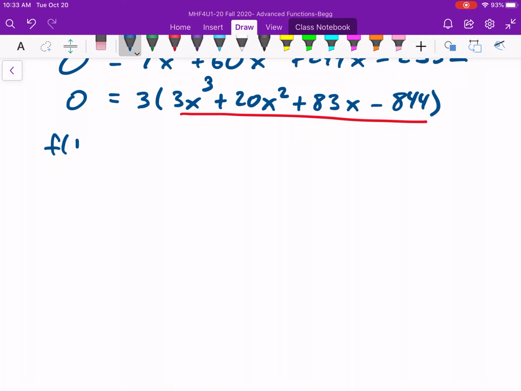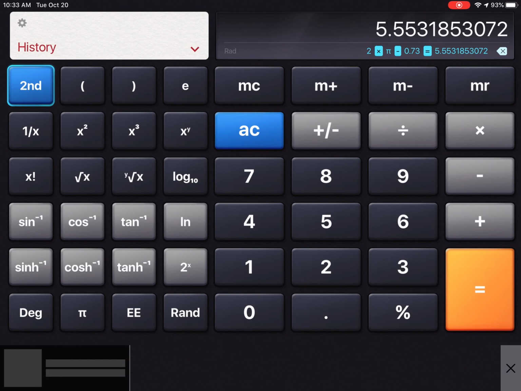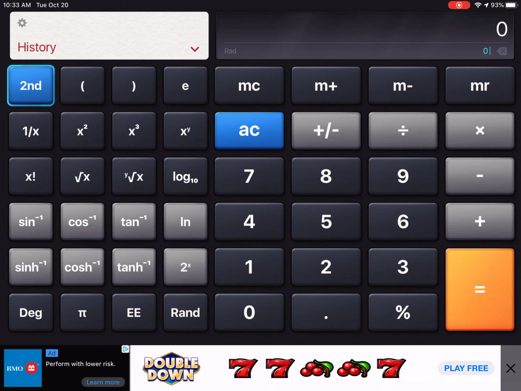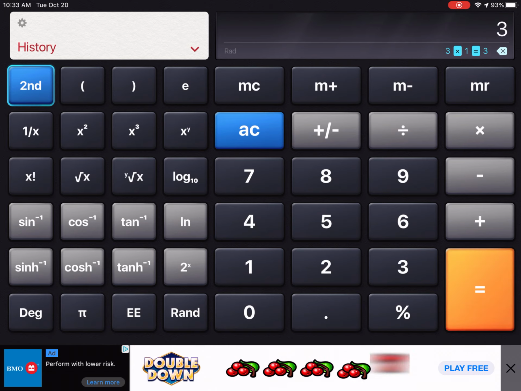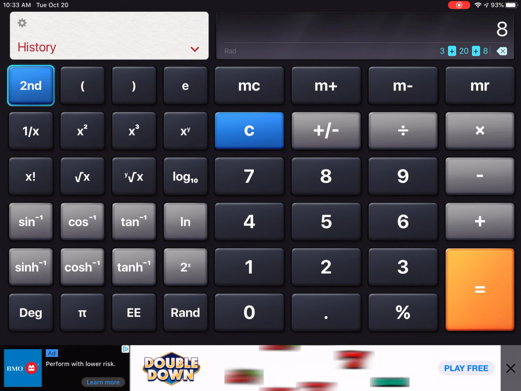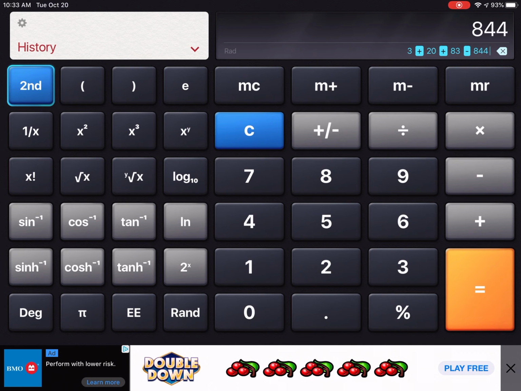If I try f at 1, then remember what we do is we just plug in our number, so I would put 1 into the formula. So I do 3 times 1 cubed, which is just 3, plus 20 times 1 squared, so just plus 20, plus 83 times 1, minus 844, and that gives negative 738.